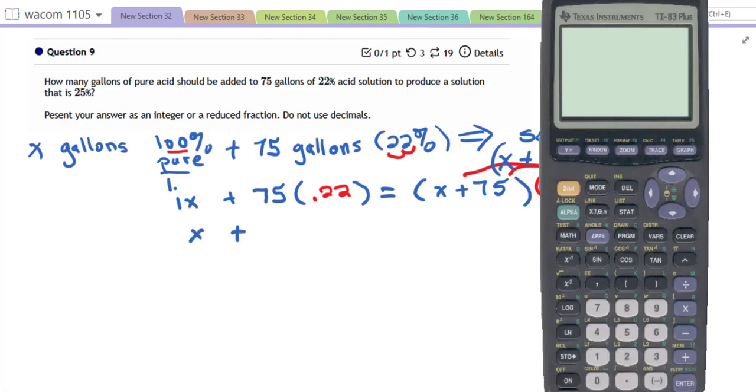I'm going to pull up a calculator for a little help. So we'll clear it out. 75 times 0.22 is 16.5.